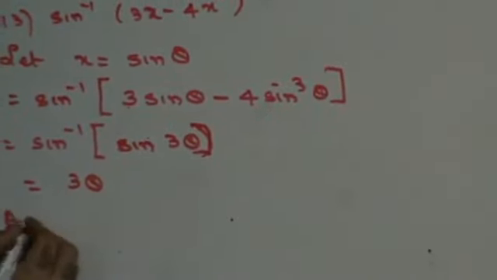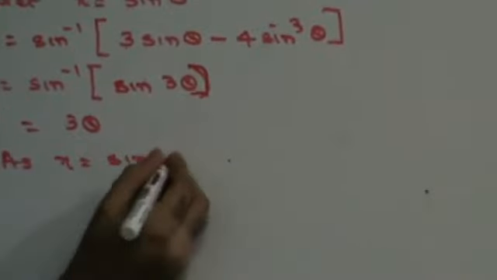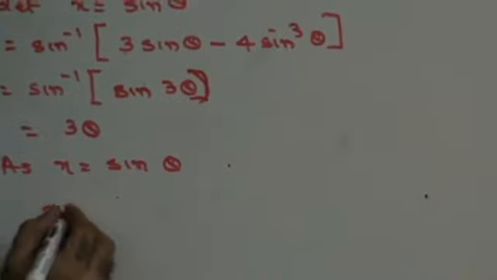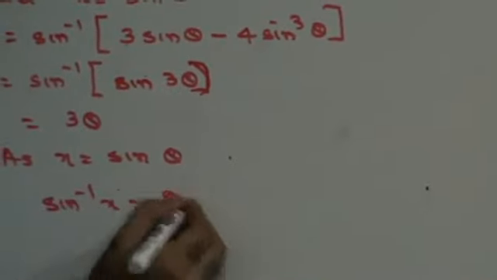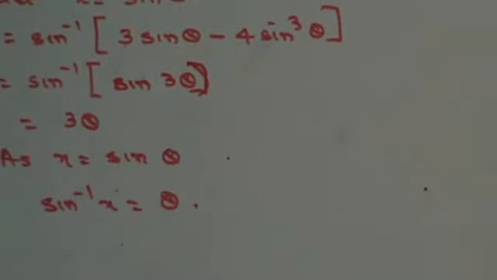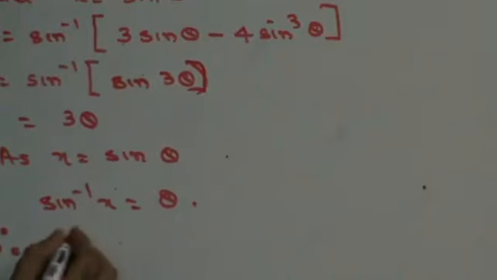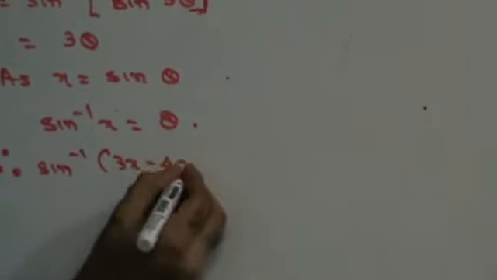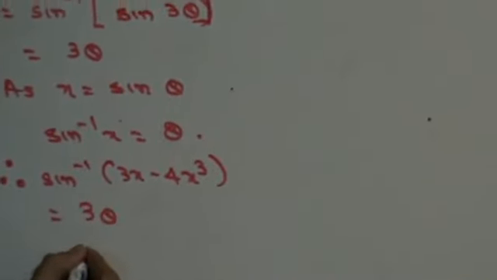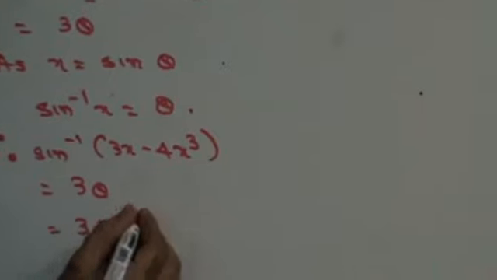Now, as x is equal to sine theta, if I take sine on the other side, I'll get sine inverse of x equal to theta. Therefore, sine inverse of 3x minus 4x cube is nothing but 3 theta, and theta can be written as sine inverse of x. So this is nothing but 3 sine inverse of x. That will be your answer.